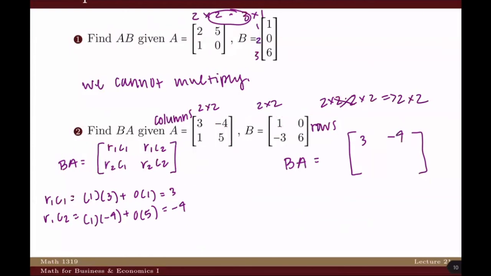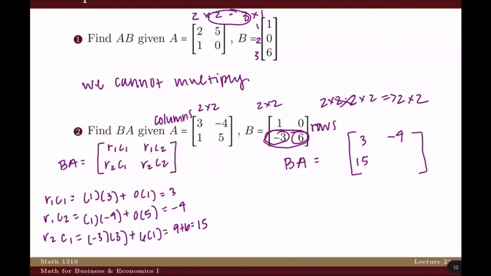And then next I want row 2, column 1, which is going to be row from my B matrix, column from my A matrix. So I'll have -3 times 3 plus 6 times 1. So it's going to be 9 plus 6, which is 15.